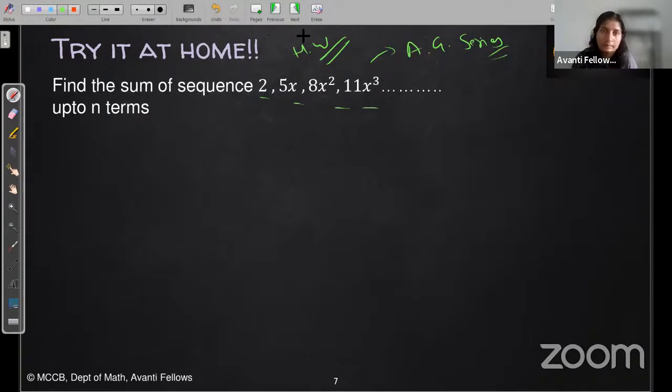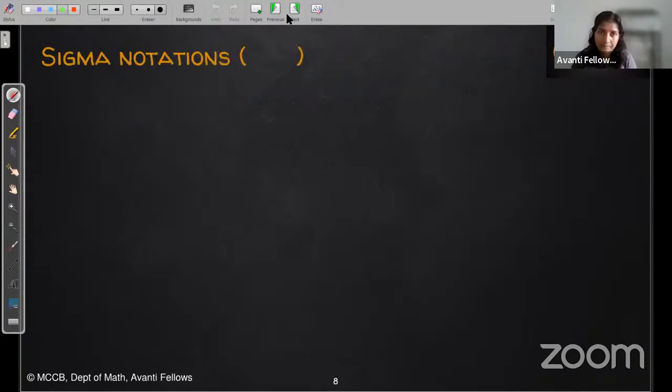Okay. Next, what we're going to learn is sigma notation. Well, this is a sigma notation. Let's see what the sigma notation is. We make use of sigma notation to represent the sum.